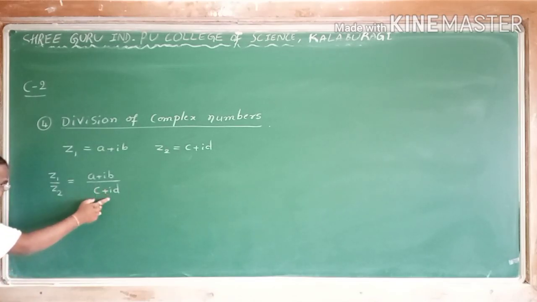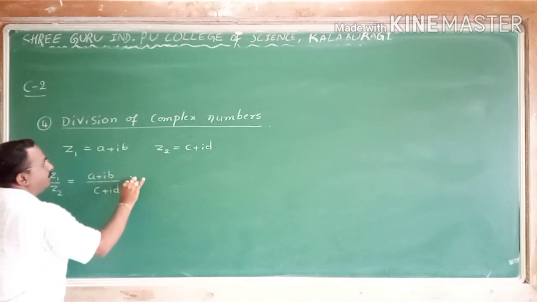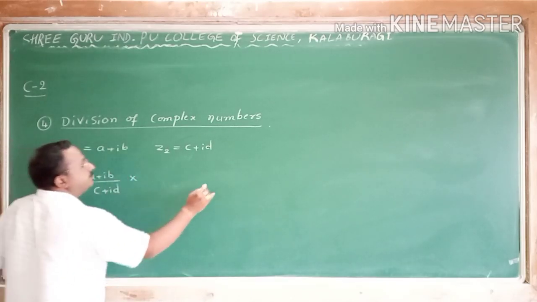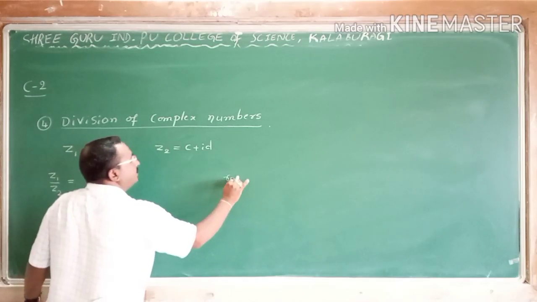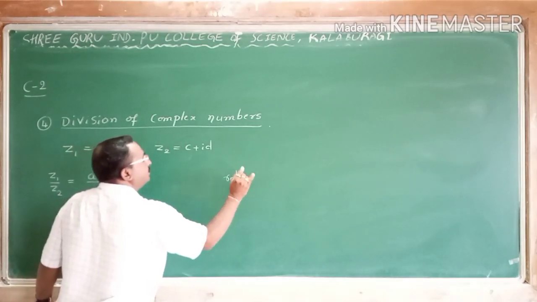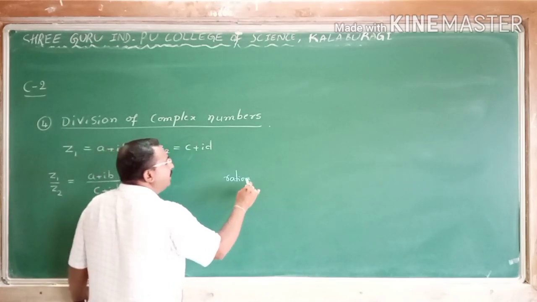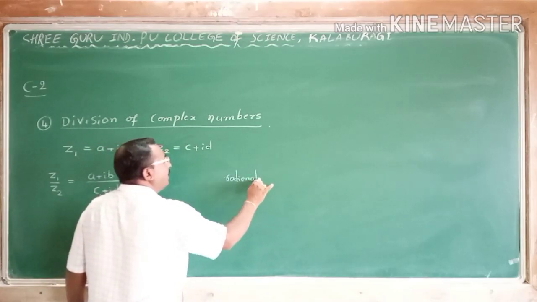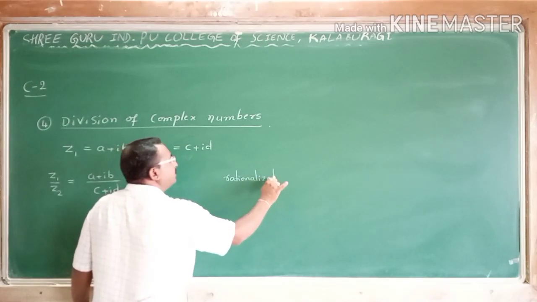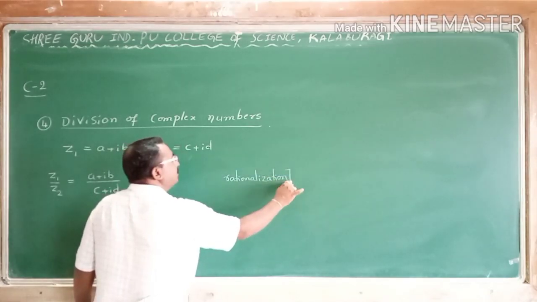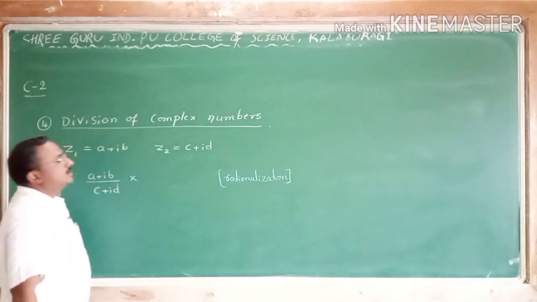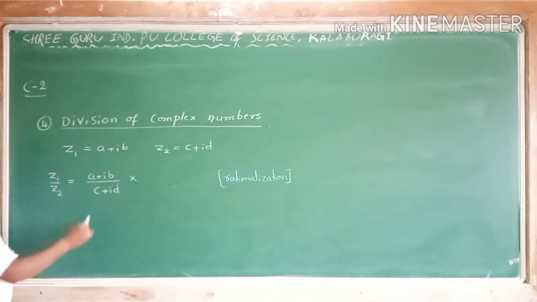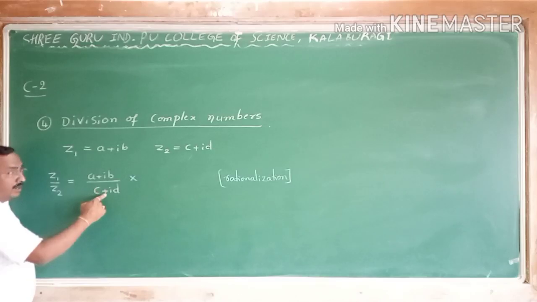If it is a division of complex numbers, apply rationalization to the denominator.